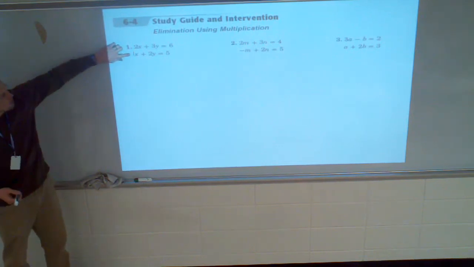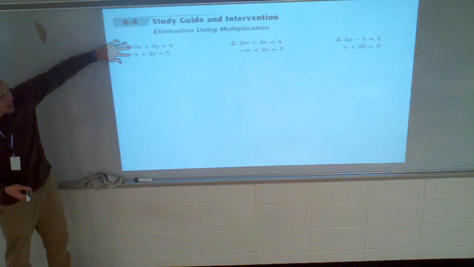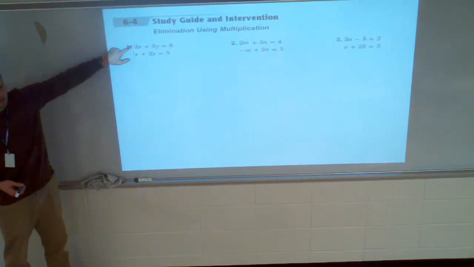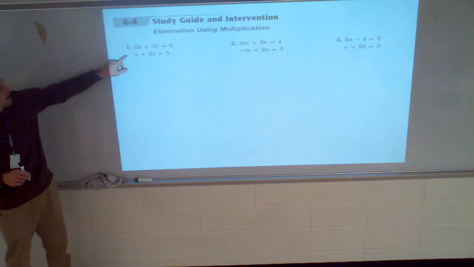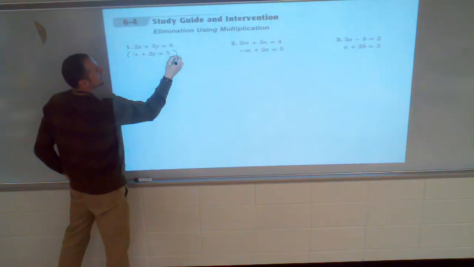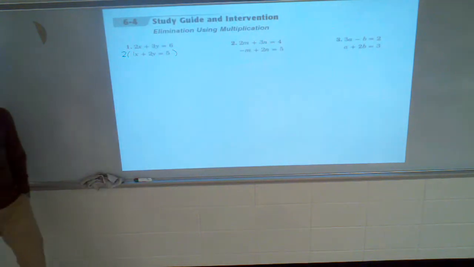Here's what I want to do. I need to multiply this bottom equation by something so that my x's will be the same. All right? So what do I need to multiply 1 by to get 2? 2. All right? So I'm going to multiply this bottom equation, everything, by 2. And let me warn you right now.